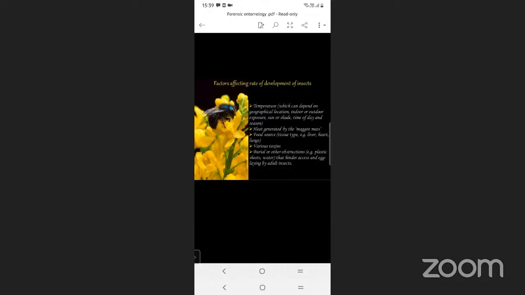All these we should know to identify which insect has been lying on the body. So for all these flies, we have to have an idea.